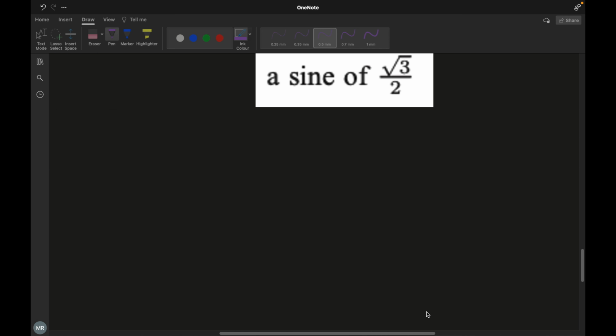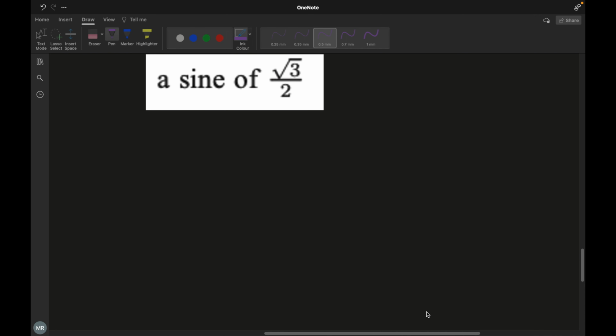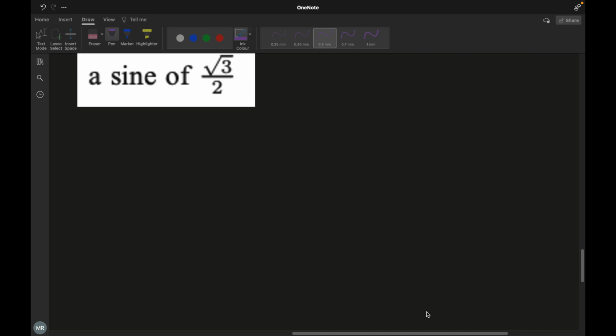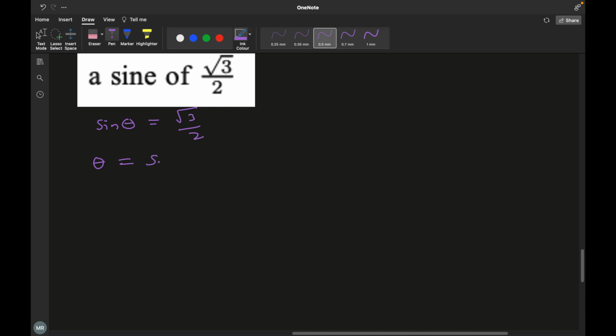Moving on, this is the second question. It's somewhat similar. So first, let's write down the equation: sine theta equals root 3 by 2. So theta is sine inverse of root 3 by 2. When we do this, we get 60 degrees.